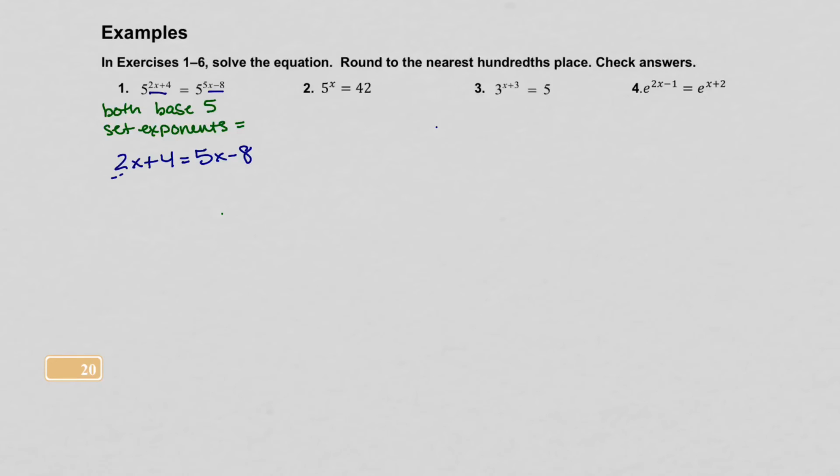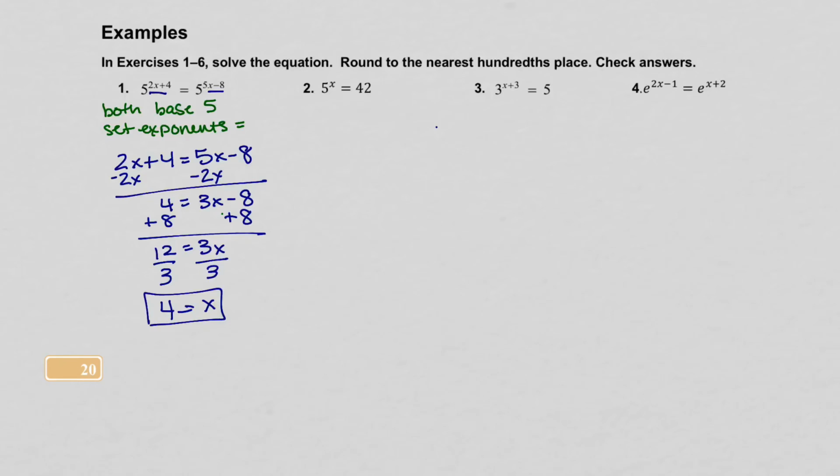And then I'm going to solve this much the way that I've been solving since middle school. I'm going to gather up my x's on one side, and then I'm going to get rid of the things that don't belong with it until I get a single copy of x alone on one side. And that tells me what my x value is. If it comes to the point where I need to round, I will round to the nearest hundredths place.